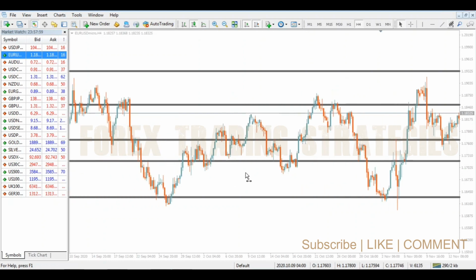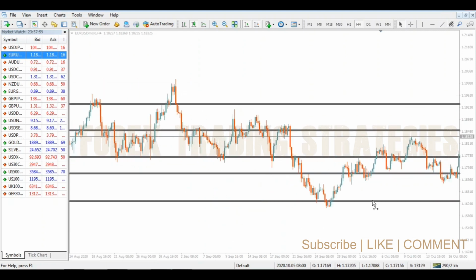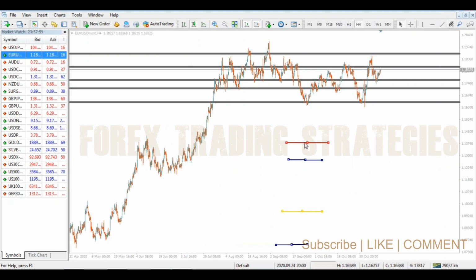Where did my stuff go? There. I need to move the stuff closer.